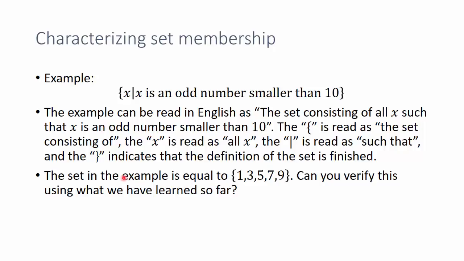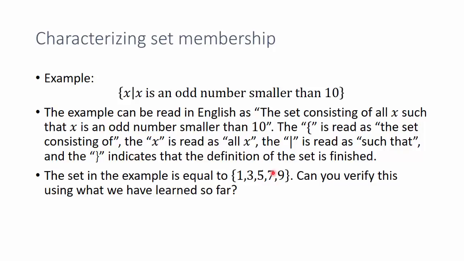The set in the example is equal to the set with the elements 1, 3, 5, 7, and 9. That's because when we replace the x in this condition, x is an odd number smaller than 10, with each of these numbers, the statement becomes true. Nothing else that we can put in there to replace x makes the statement true.